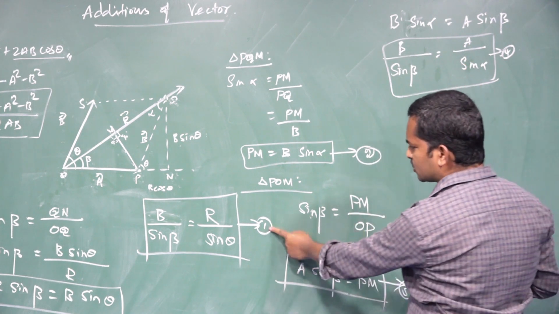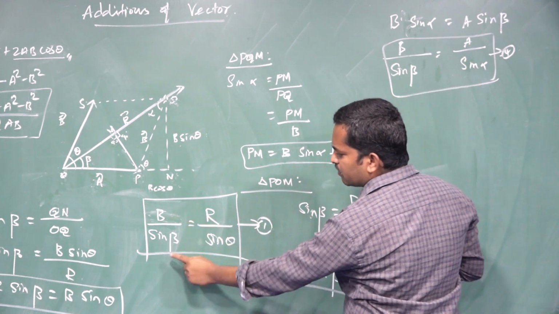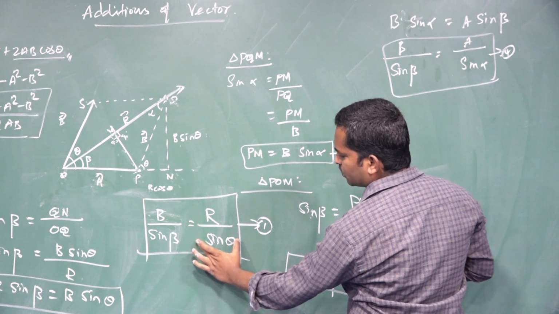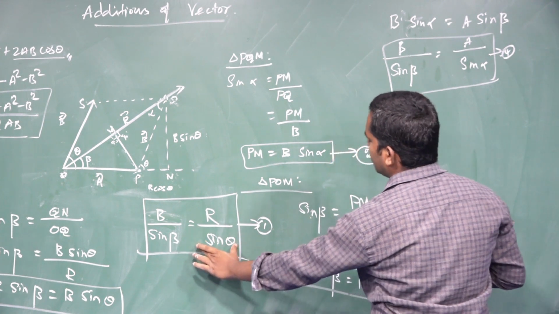You know well equation number 1: B divided by sin beta is equal to R divided by sin theta.